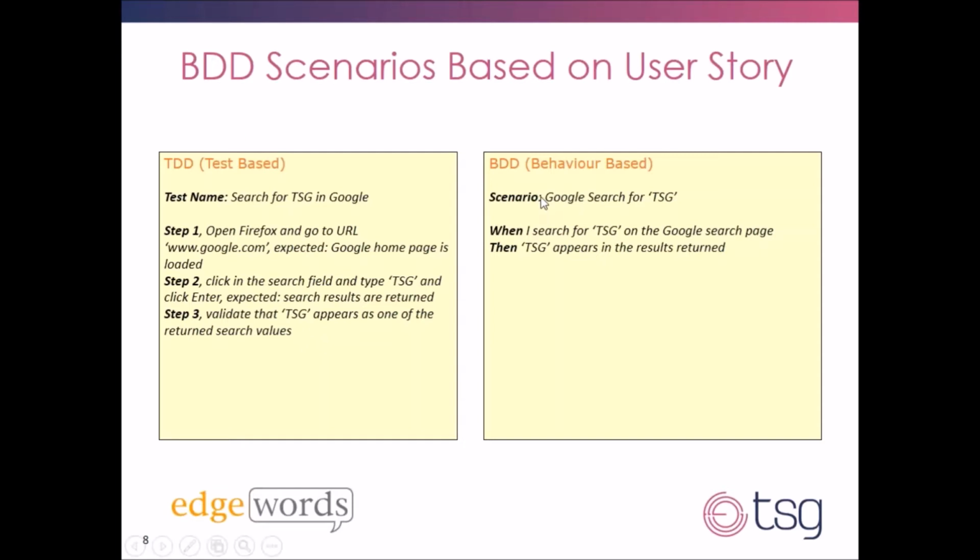And what we're basically saying is when we search for TSG on Google, we expect to see TSG in the results, but we're not specifying any fields, we're not specifying any methods by which we run the search. By comparison, the TDD test is step-by-step explicit, and it anticipates the design, or it's based on the design that we're already aware of. So it's working step by step, and it's looking at field and implementation specific characteristics that we're searching or looking for.